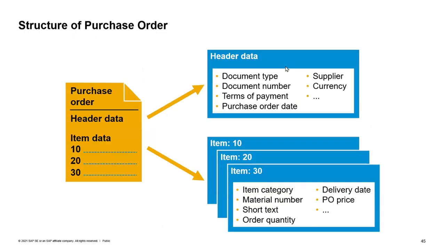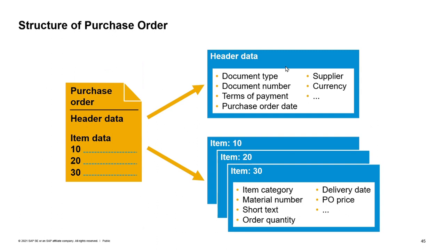Now, we have this slide. And at the beginning, I was thinking, oh my God, it's like a biology lesson, up, down, header data, item data, what am I looking at. And it makes sense, because when you have a purchase order, you're going to have header data and item data. What does it mean? On header data, you're going to have something called document type.